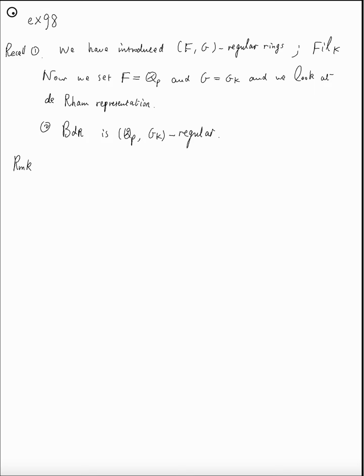Remark: now let's define a functor, D_dR, which applies on a representation. Any G_K Galois representation V is defined to be B_dR tensor over Q_p, and then take the fixed point.